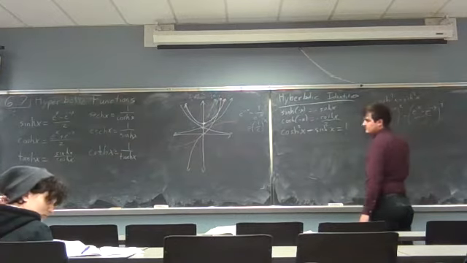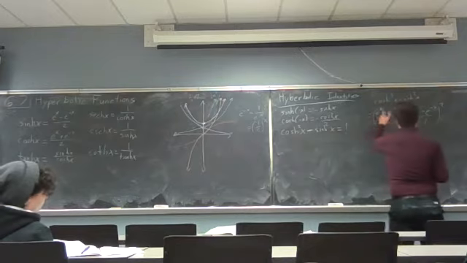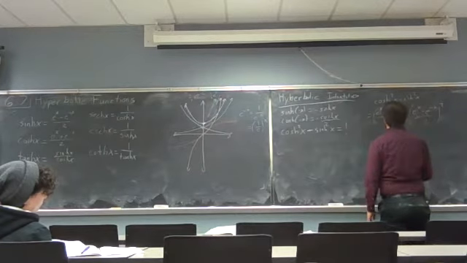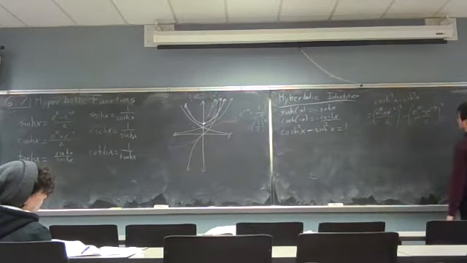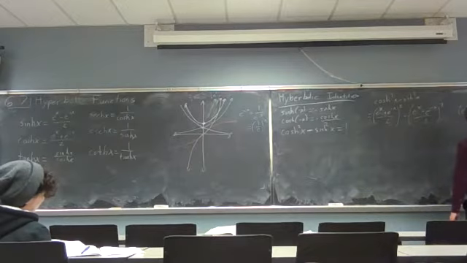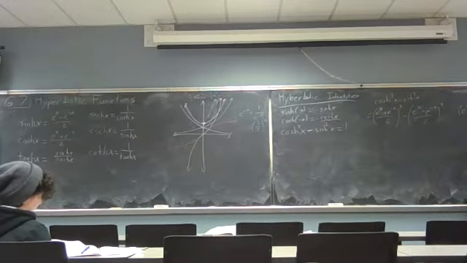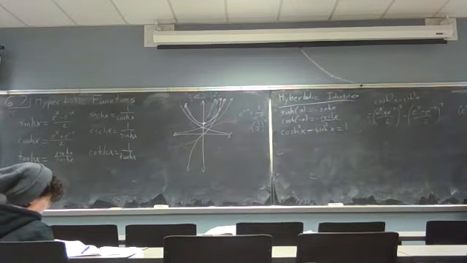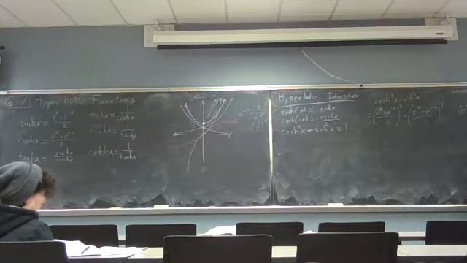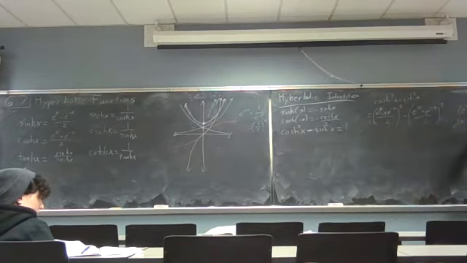We need to FOIL it, or if you remember how to do reverse square, that's fine. If I FOIL this, what am I going to get? What's the first term? What's e to the x times e to the x? E to the 2x, right? You add the exponents together, so we get e to the 2x.